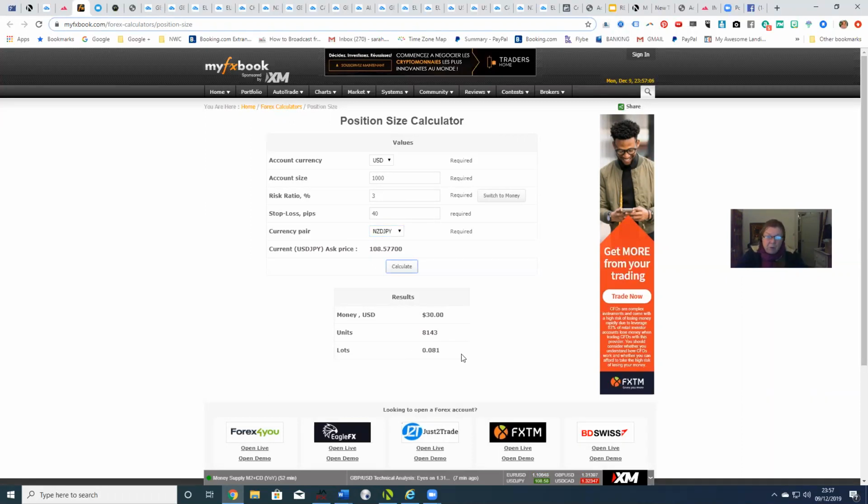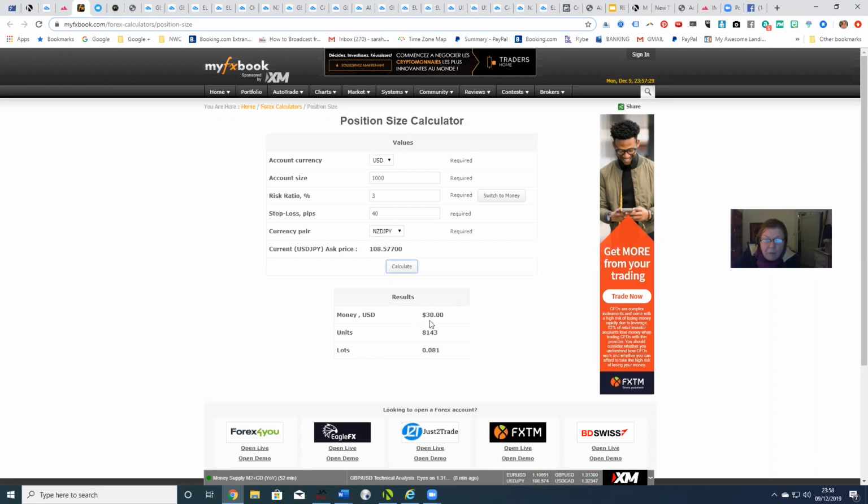That's why varying your lot size is important, because if you did that at 0.07, you'd be leaving money on the table, because you need a larger lot size to make sure that your NZD is comparable to your USD, like changing money at the airport. It's how many New Zealand dollars do you get for your American dollar.